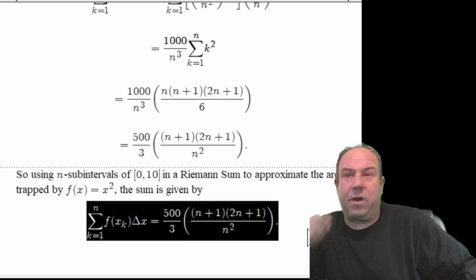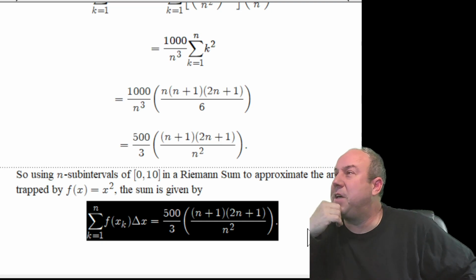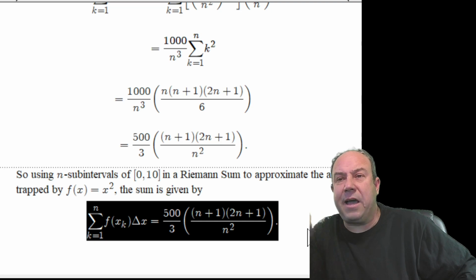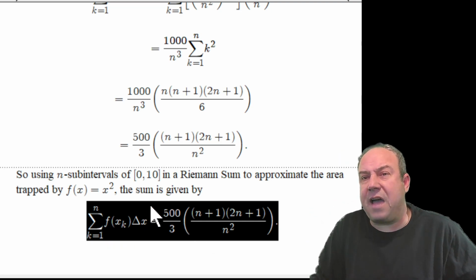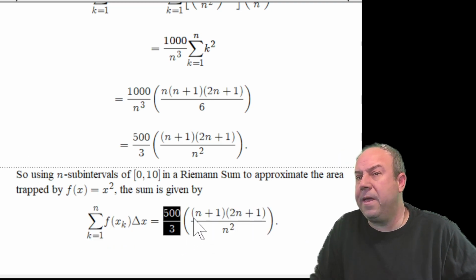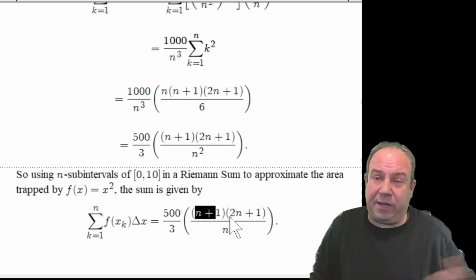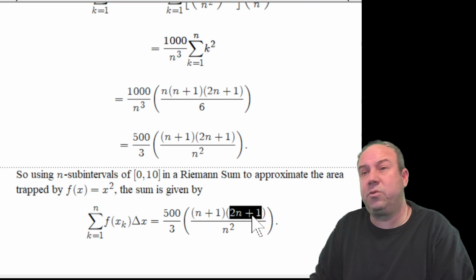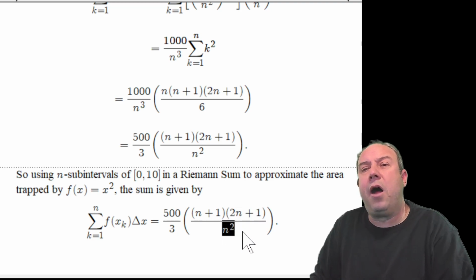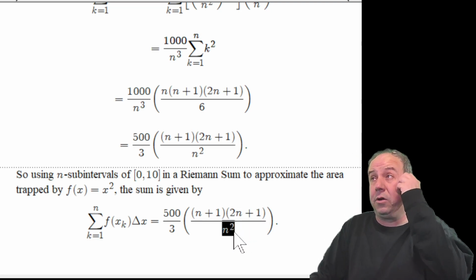And where I was struggling before with 1000 subintervals, we could simply substitute that into this equation and calculate it for using 1000 subintervals. It would be 500 thirds of 1000 plus 1, which would be 1001, times 2000 plus 1, which would be 2001, all divided by 1000 squared.